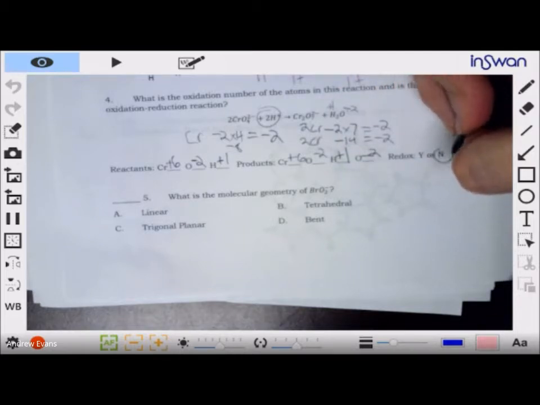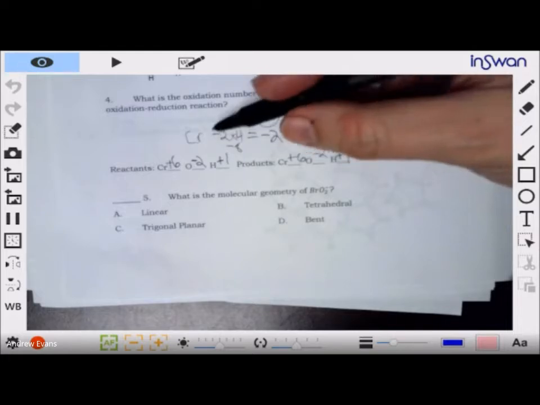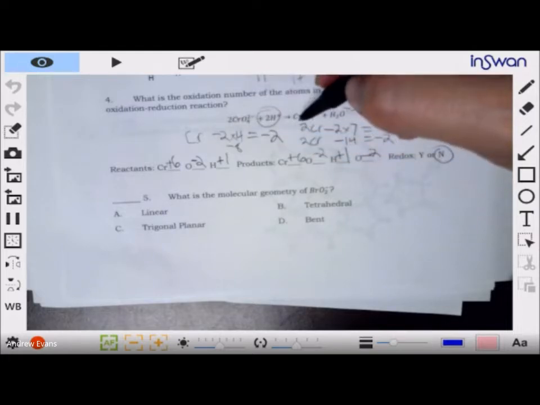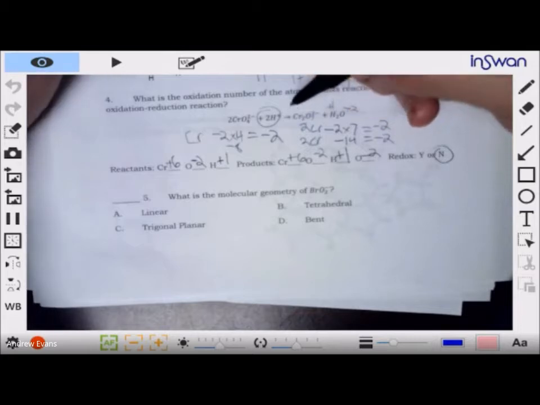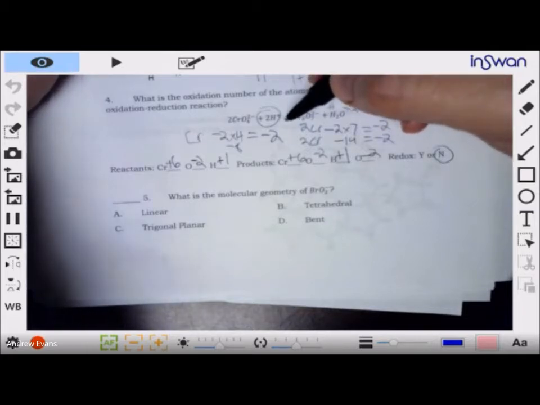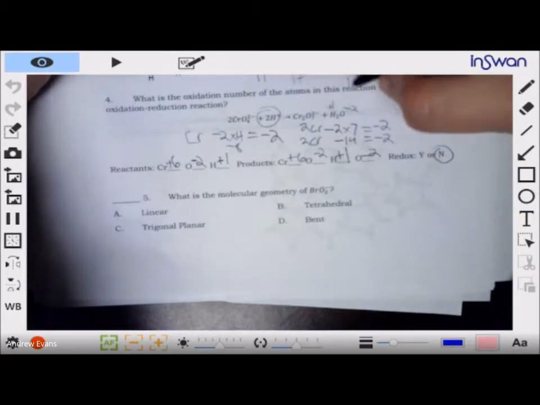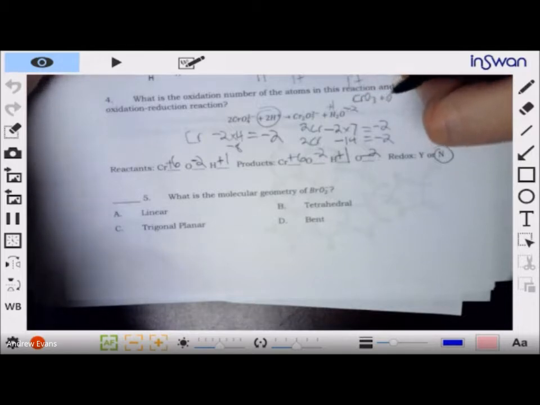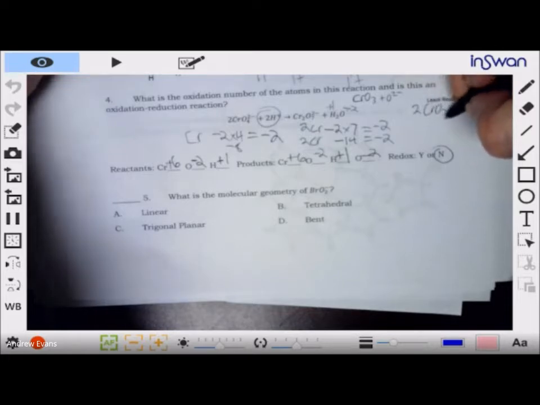The answer is no. Chromium is staying plus 6 and plus 6. That's a trick question. It looks like it's being oxidized, but in actuality, it's not.